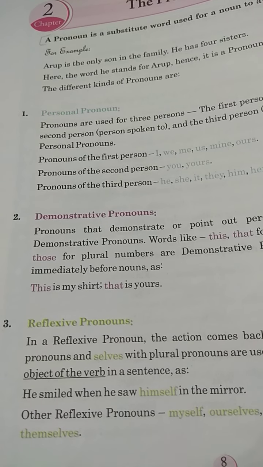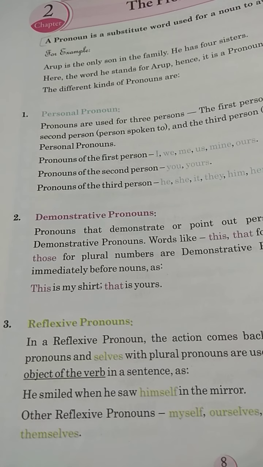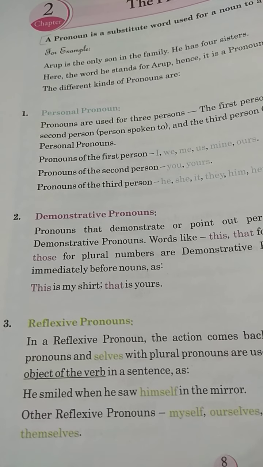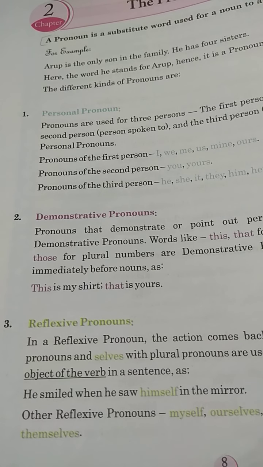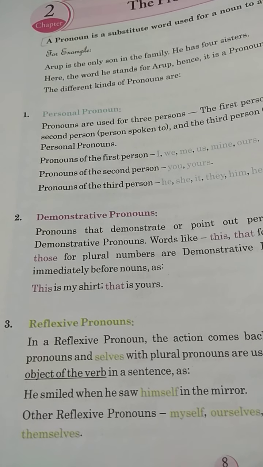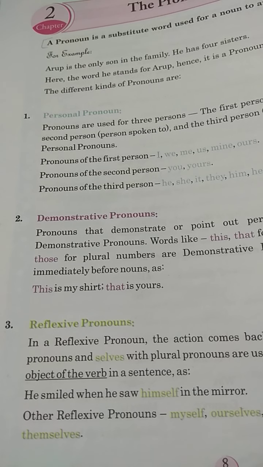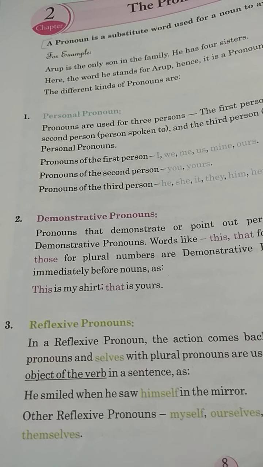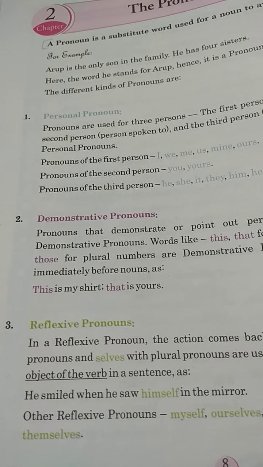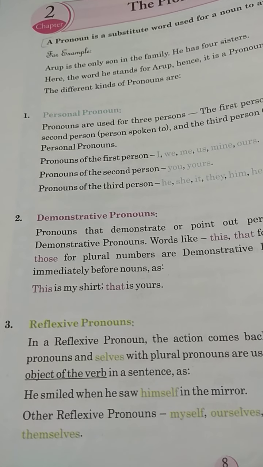So the words this, it, these, that, those demonstrate or point to the objects they are used for. A pronoun that demonstrates or points to the object it is used for is called a demonstrative pronoun.